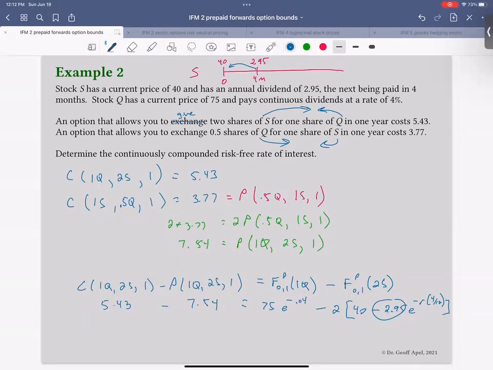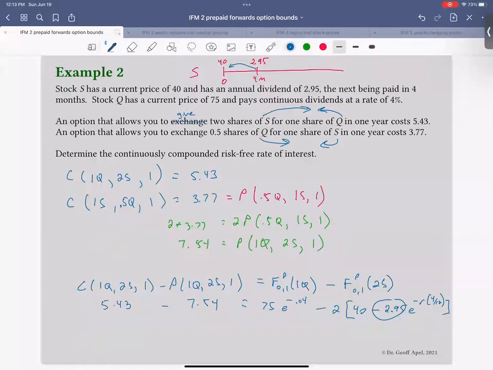So, okay, so I get that minus 75 to the negative 4. So I got negative 74 divided by -2. So 37. Okay, 37. Oh, I think I actually multiplied by -2. Sorry about that. So that minus the 40 divided by -295.